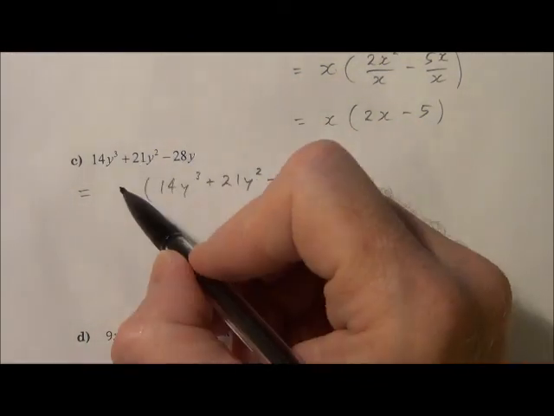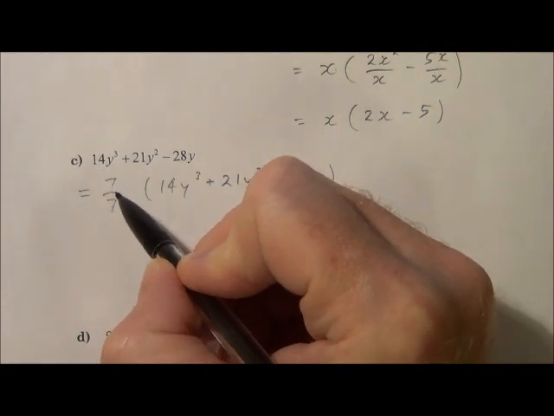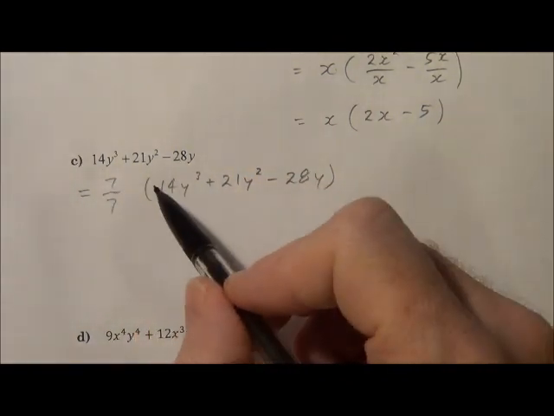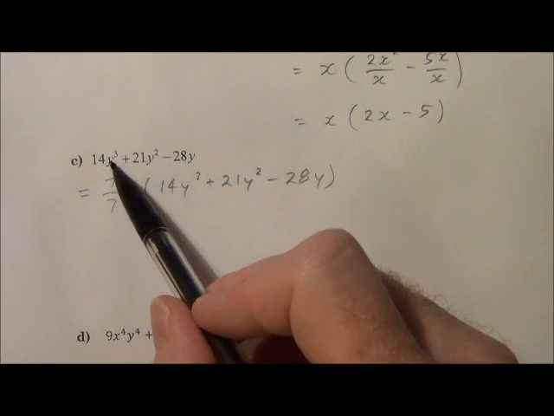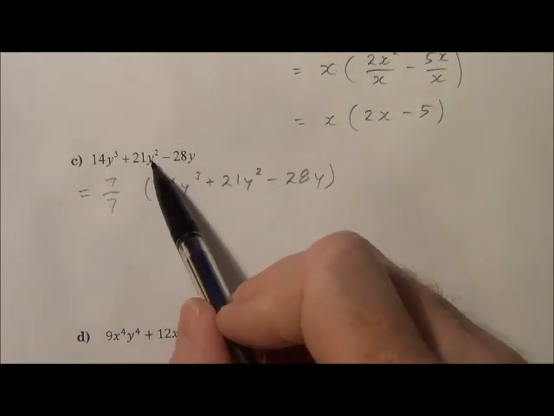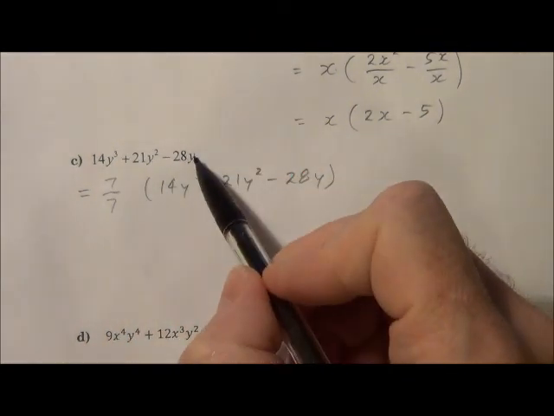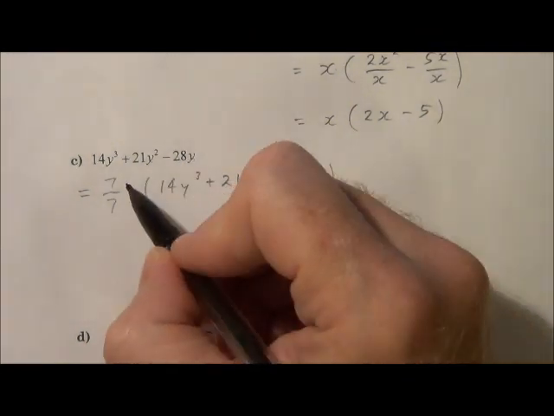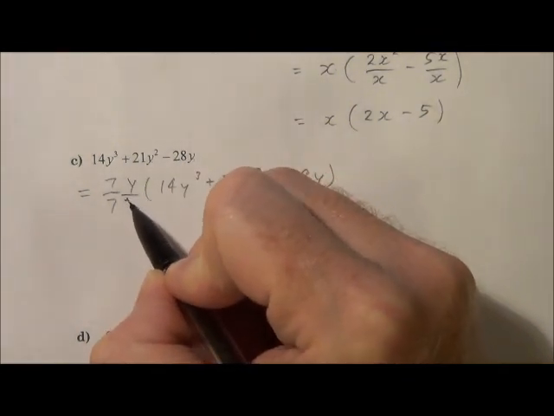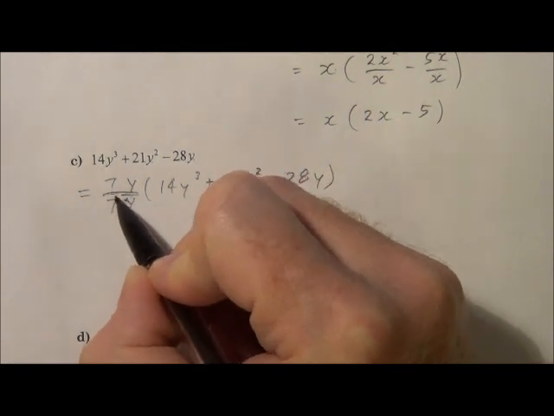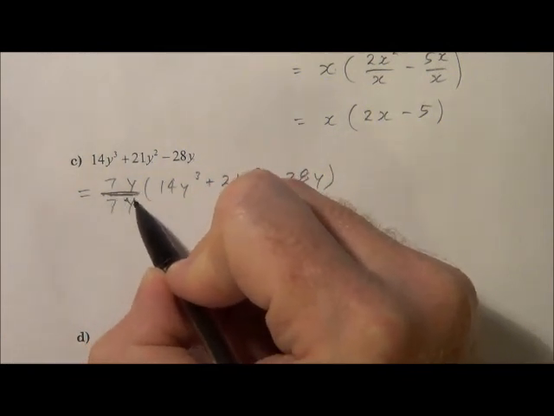So I'm going to write 7 over 7, because I know I'm going to multiply by 1. And then I've got y cubed, y squared, and y. The largest power that can be divided out of all of them is y to the exponent 1.